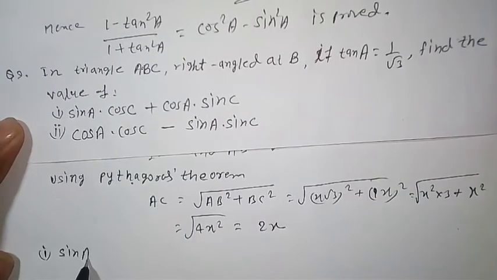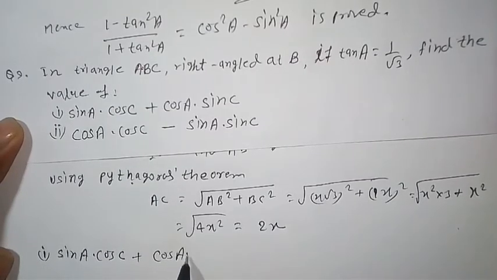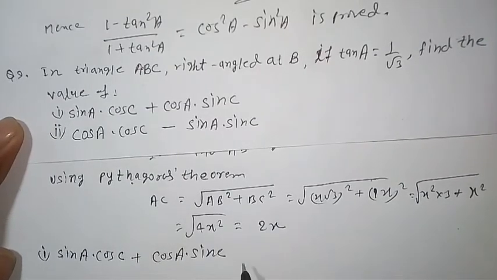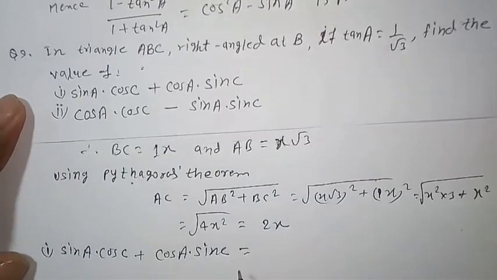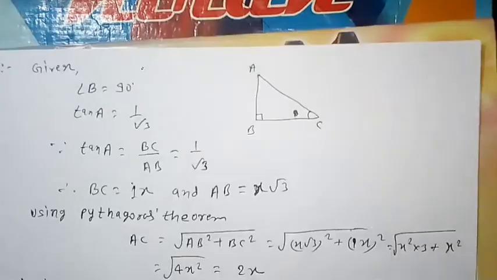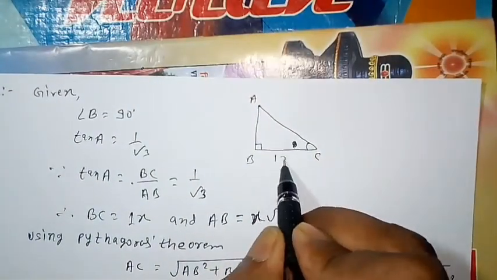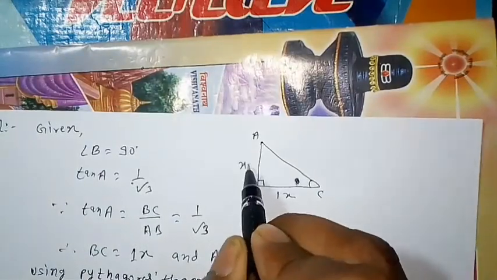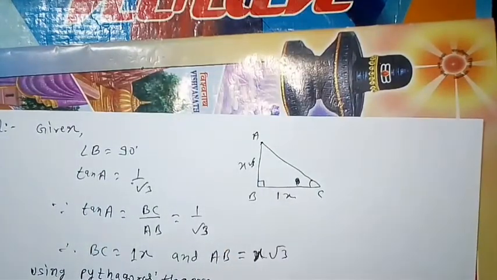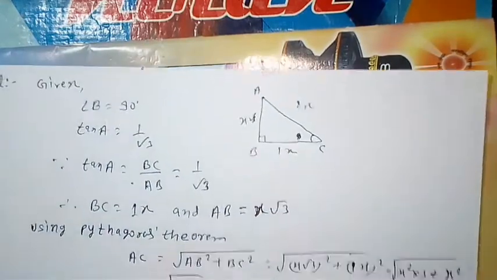Sin A into cos C plus cos A into sin C is equal to sin A. Now this is BC is equal to 1x, AB is equal to x root 3 and AC is equal to 2x.